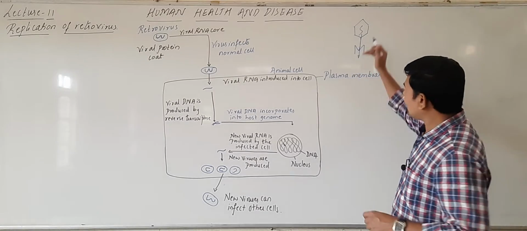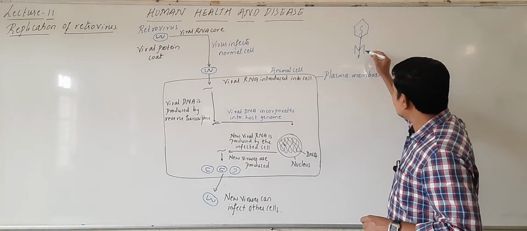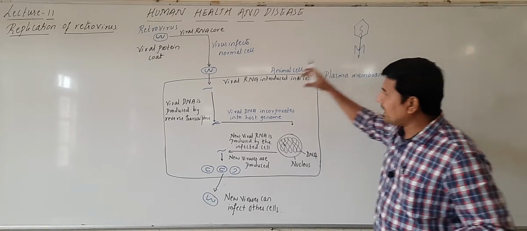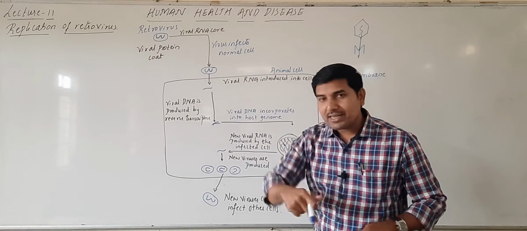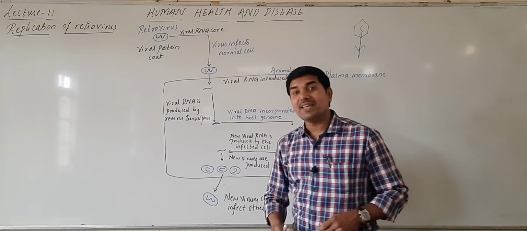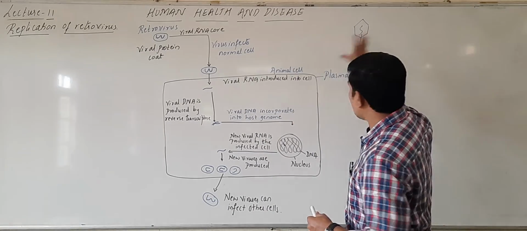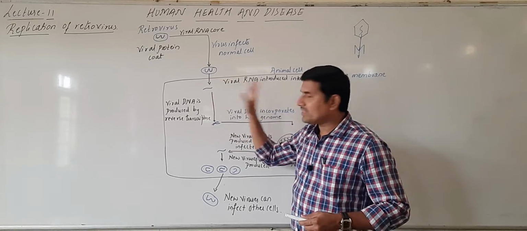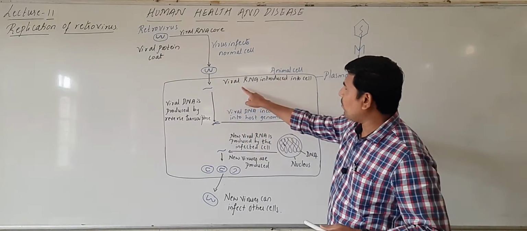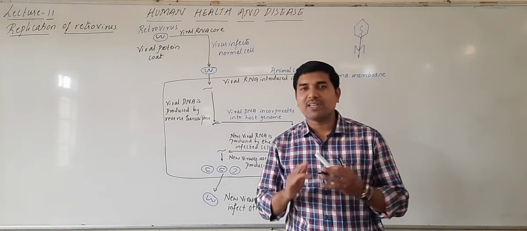There is a collar-like structure here, then an elongated sheath. Here are the tail fibers; it attaches on the surface of the animal cell, then it injects only its genetic material, RNA. The entire protein coat is not injected into the cell, only its RNA core is injected. So that is why we say viral RNA is introduced into the normal cell.